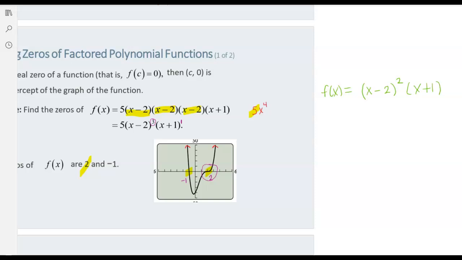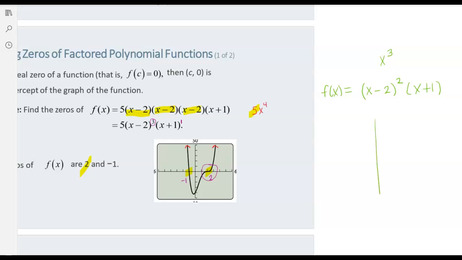Just taking that same function we had before, but modifying it slightly. This would have been something that had x to the third power, right? Because I have two x's in this first factor and then one in the second factor.